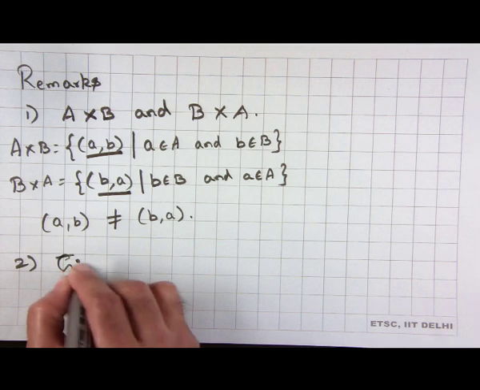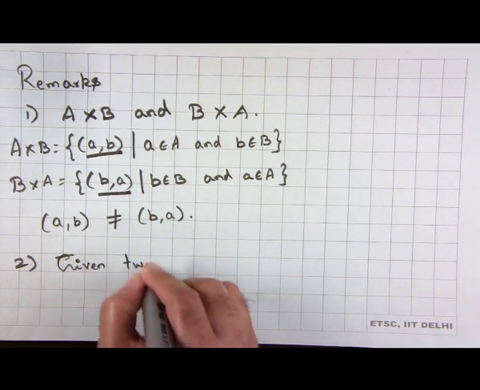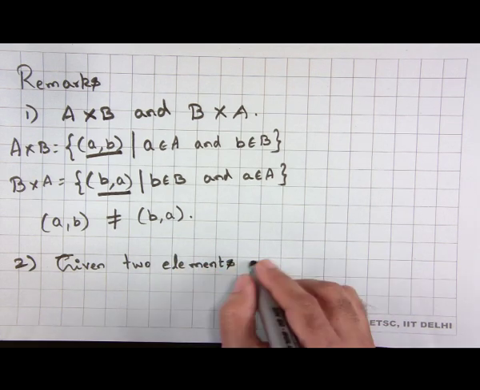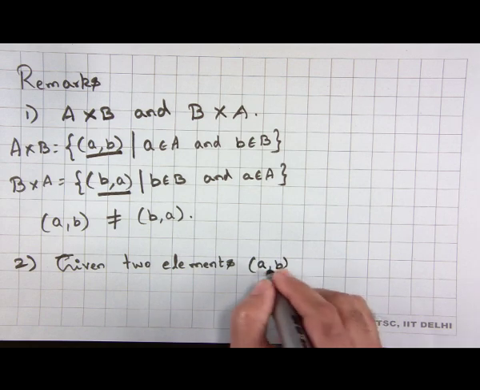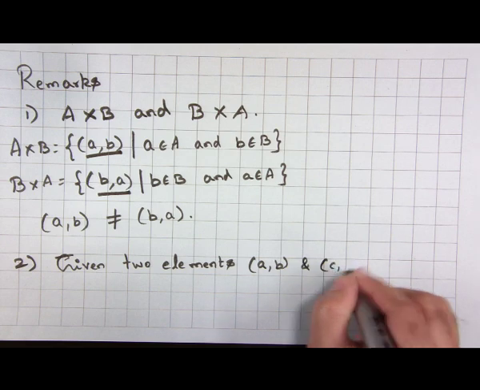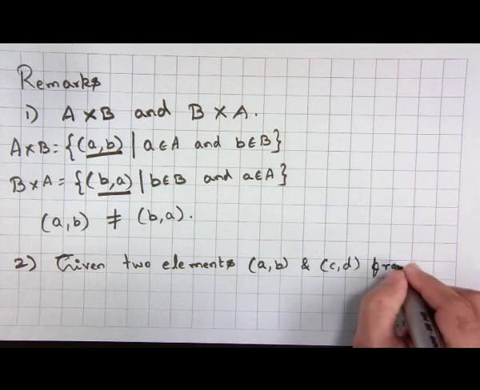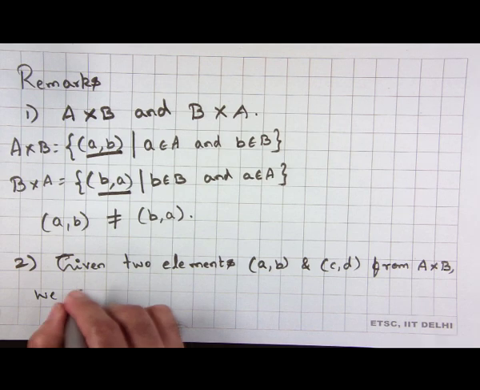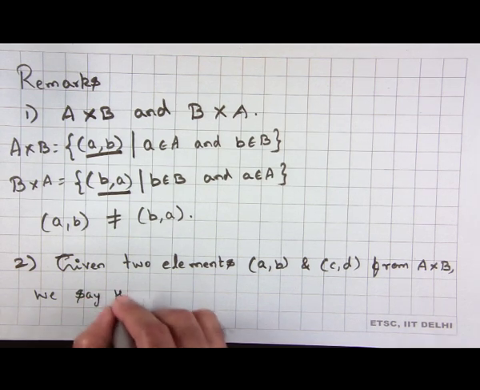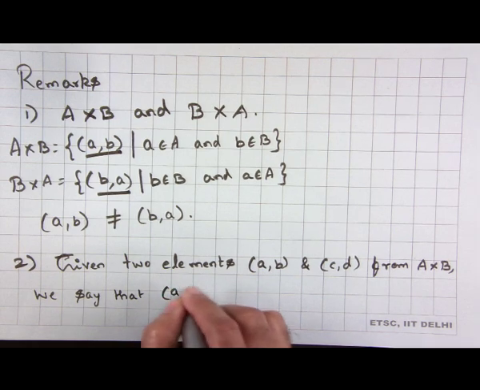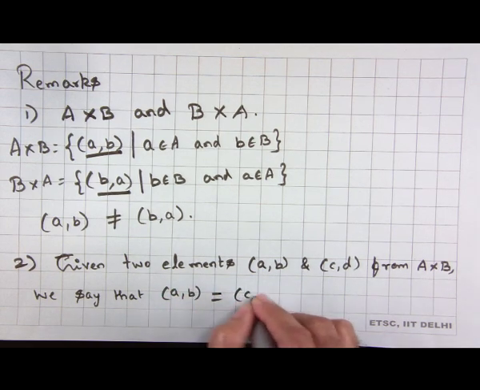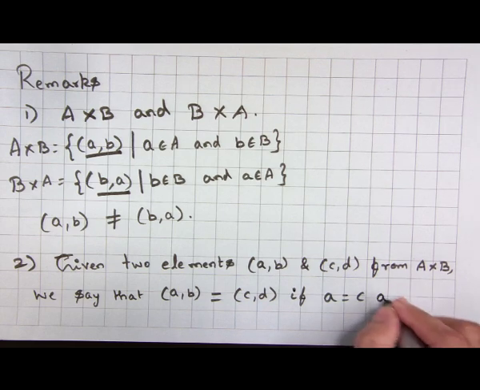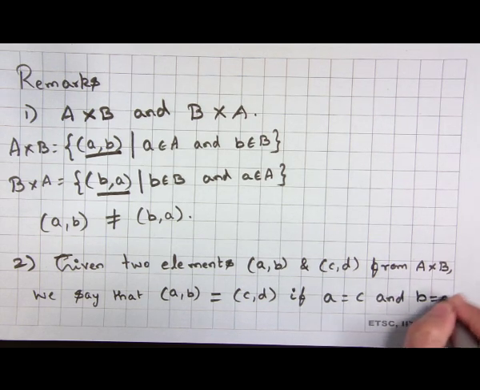Given two elements (a, b) and (c, d) from A cross B, we say that (a, b) is equal to (c, d) if a equals c and b equals d.